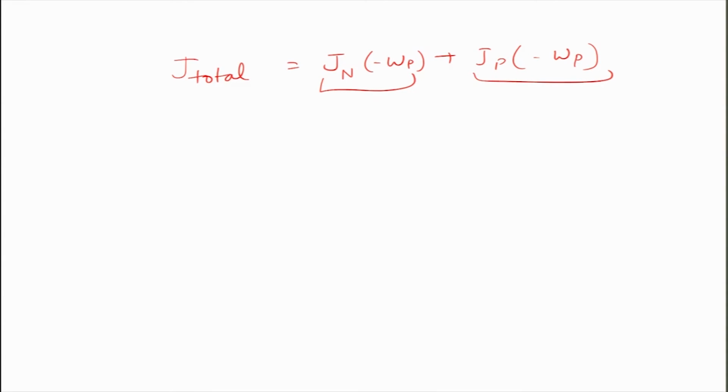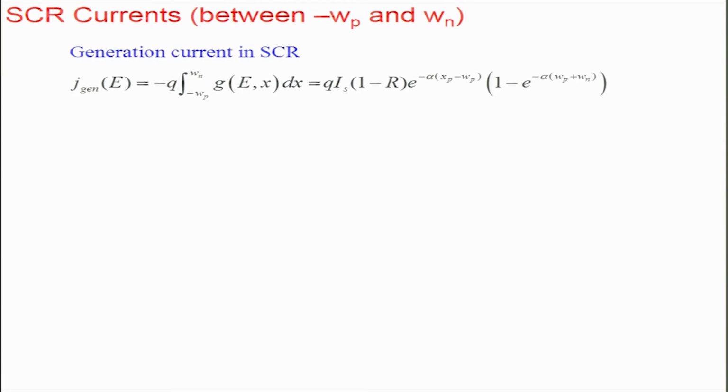So instead of doing this, you do Jn at minus Wp, which can be calculated easily using diffusion, using the solutions, Jp at Wn, this is also calculable, and then whatever is generated from the SCR region. So that is what we are going to look at now, so let us look at the space charge region current between minus Wp and plus Wn.